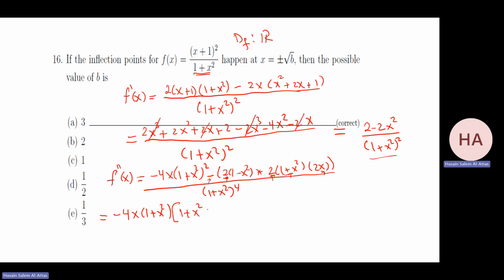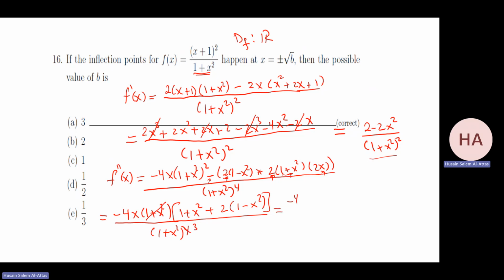What's the remaining? 2 times 1 minus x squared, over this. This is cancelled, this becomes 3.